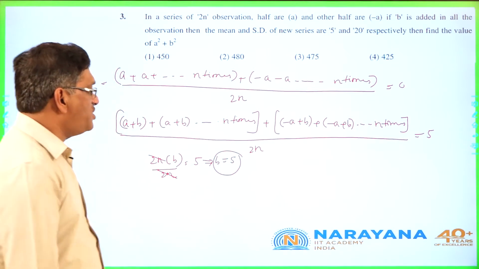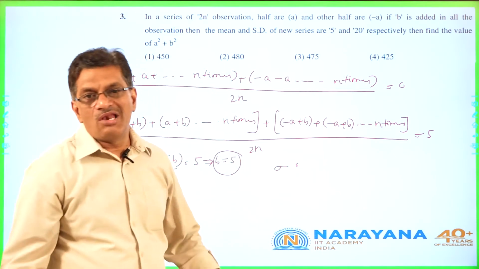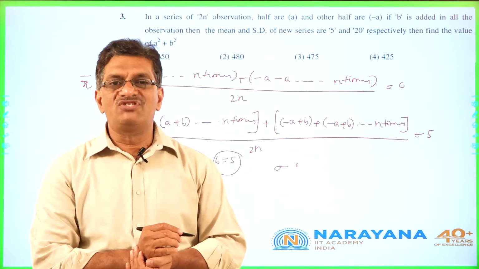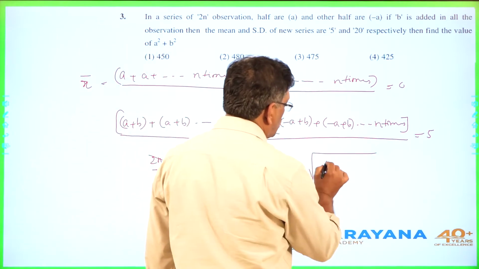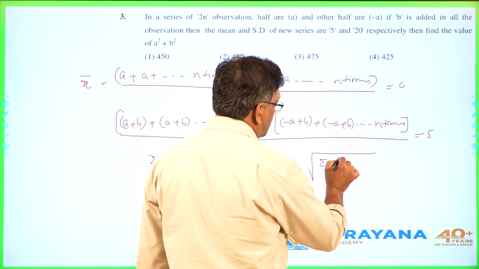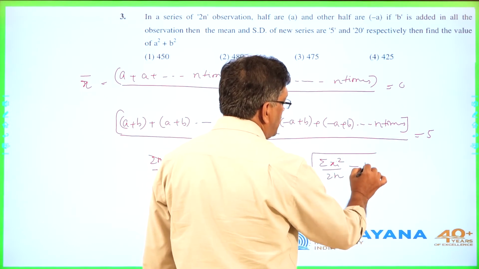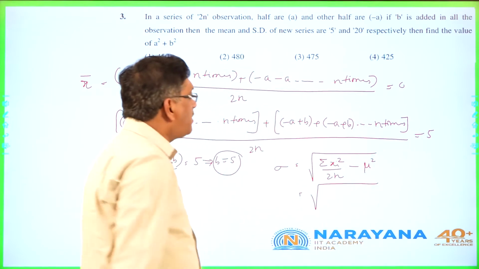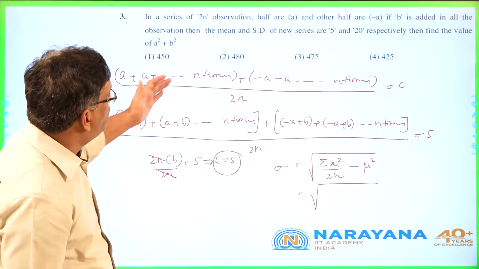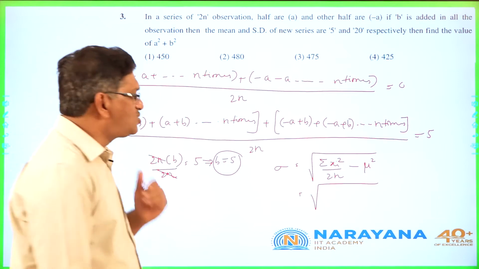Next, standard deviation, that is sigma. You know that sigma will not change because of shifting the origin. So sigma is root of sigma xi square by 2n minus mean square. Here also, these are nothing but 2n a square.